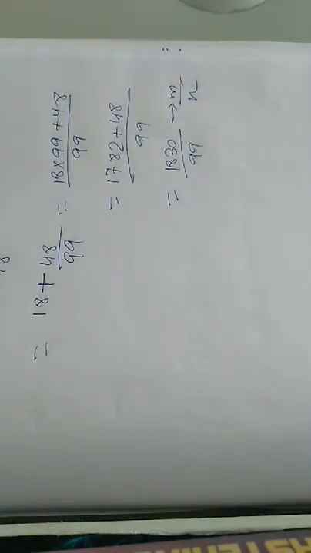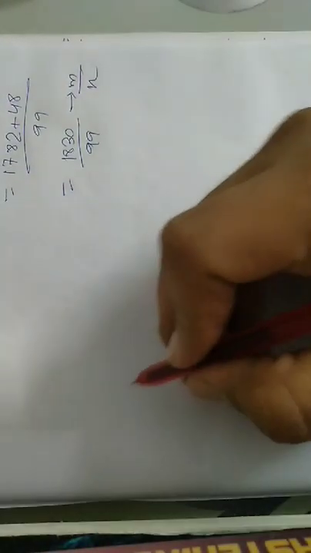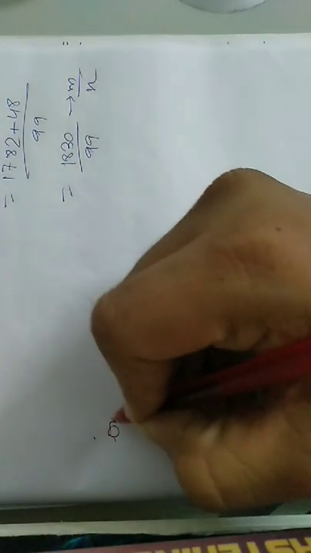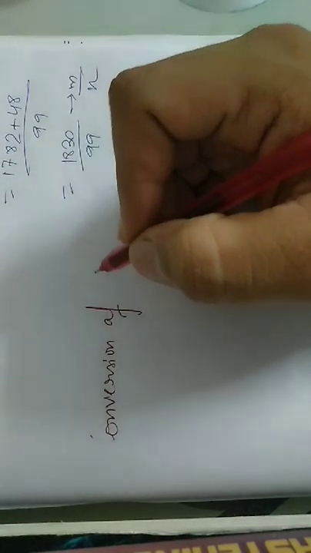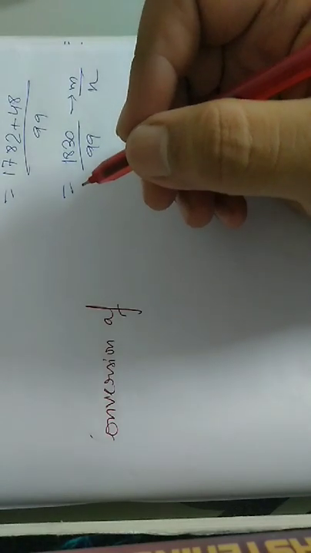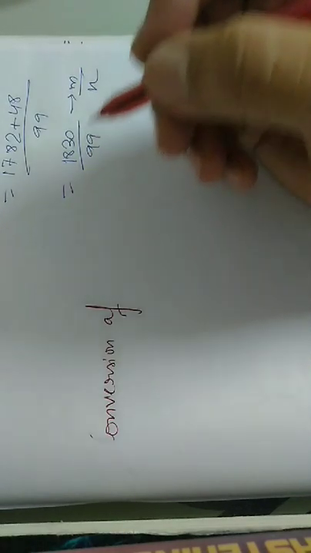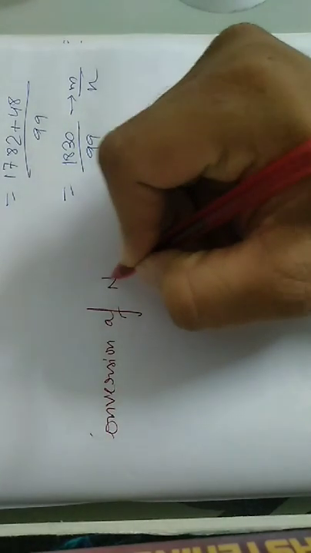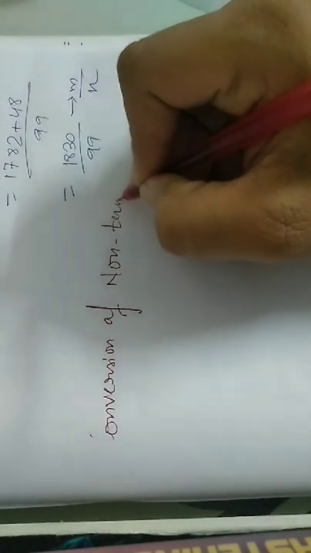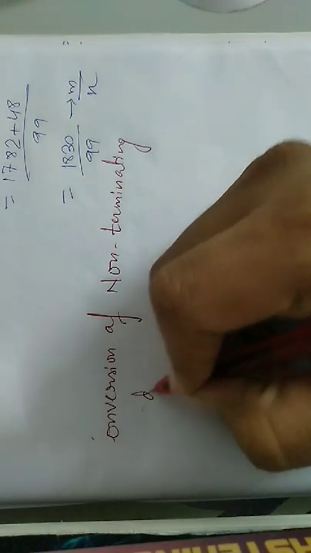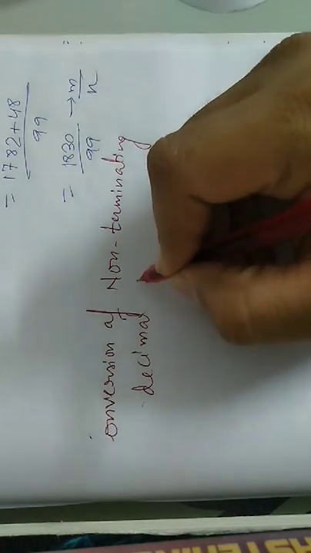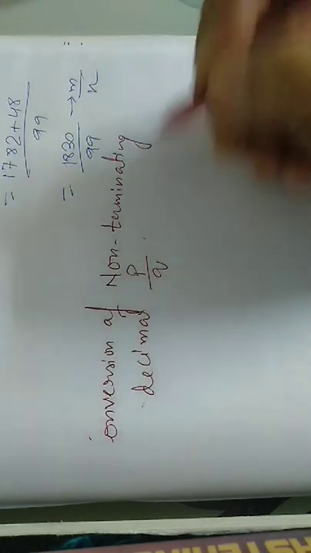Now we need to check how a non-terminating decimal can be converted into the form of m by n. Conversion of non-terminating decimal in the form of p by q.